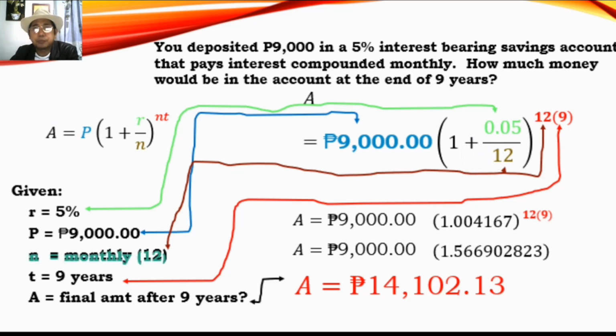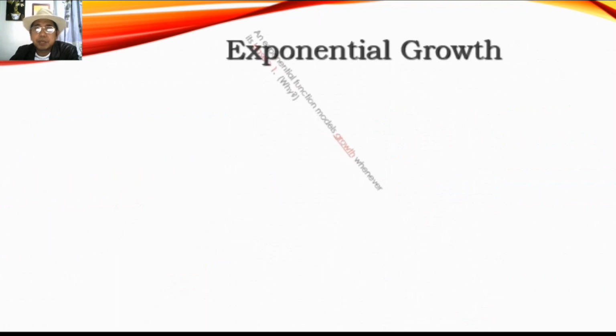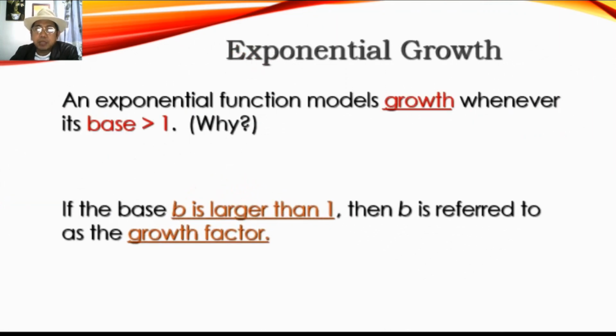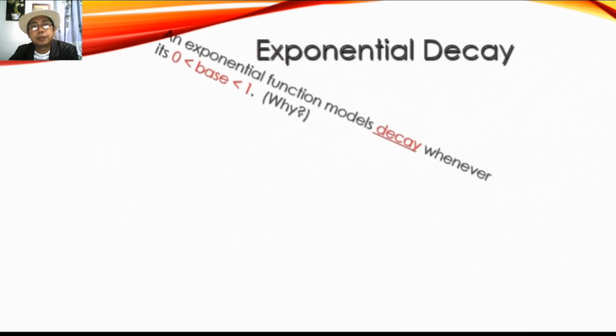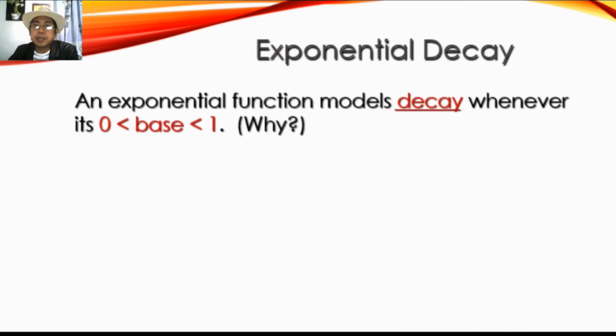Let's continue. So you will notice, as I'm saying in here, if b is larger than 1, then b is referred to as the growth factor. Another would be, an exponential function models decay whenever the base is greater than 0 and less than 1.